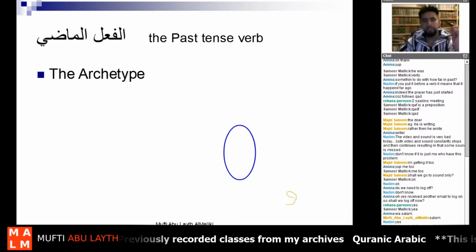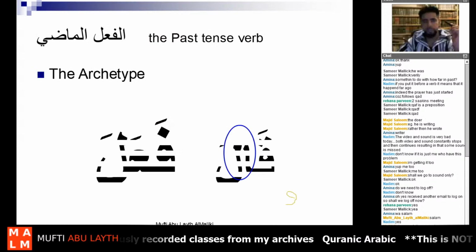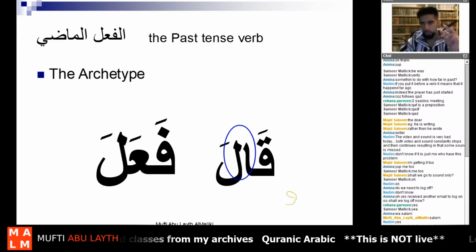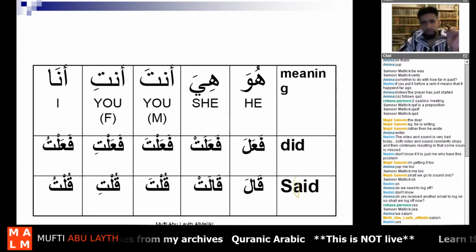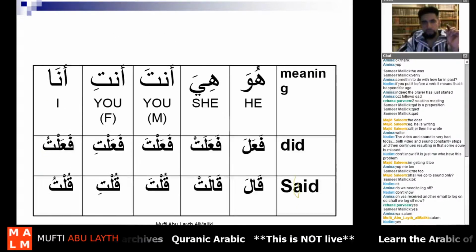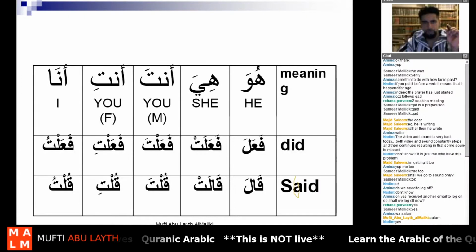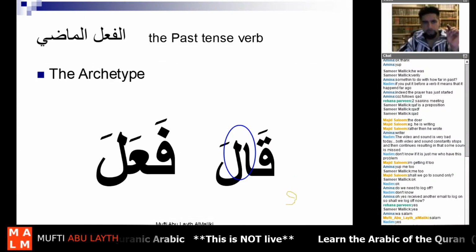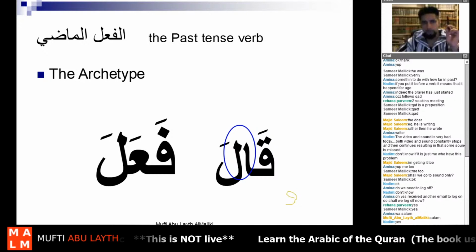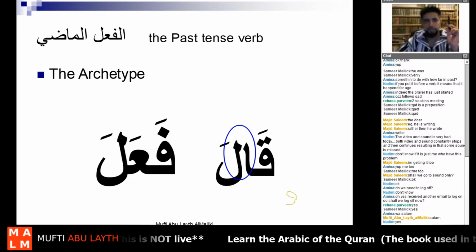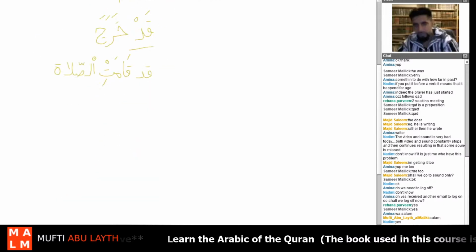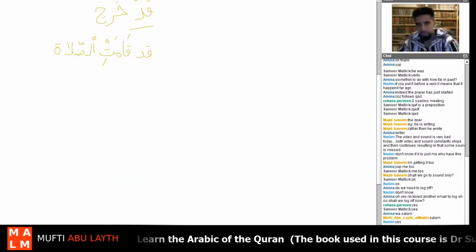The interesting thing here now is, what do we do with the hollow verb? Because we know this is different, as we've gone over. With this, we are going to leave the alif as it is.